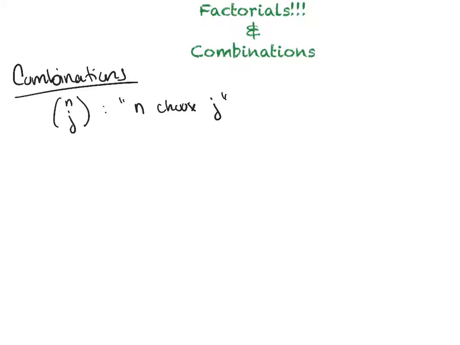If you did a quick Google search on combinations, it usually comes with permutations too. It's a really interesting topic. But I just want to show you what the formula is for n choose j. So n choose j has a lot of factorials in the formula. It's n factorial divided by j factorial and n minus j factorial.